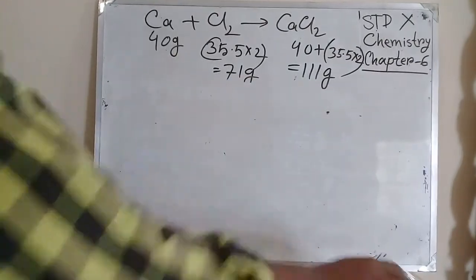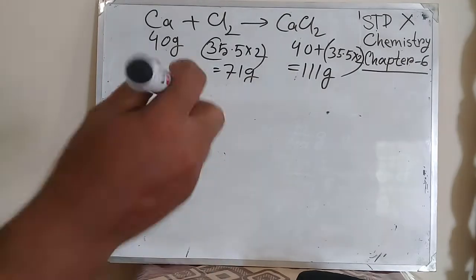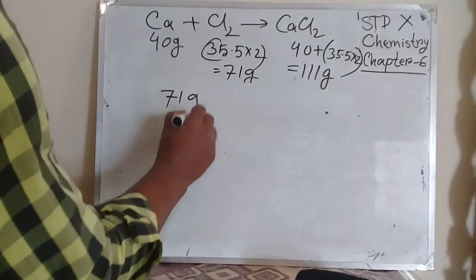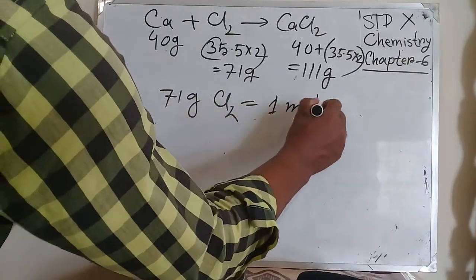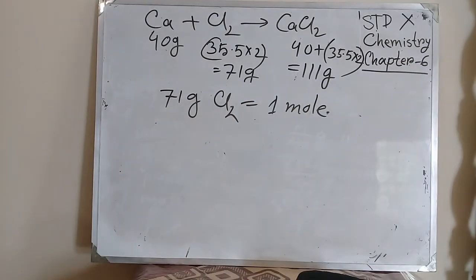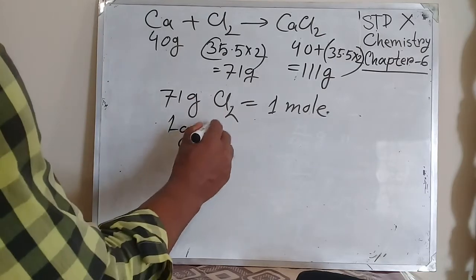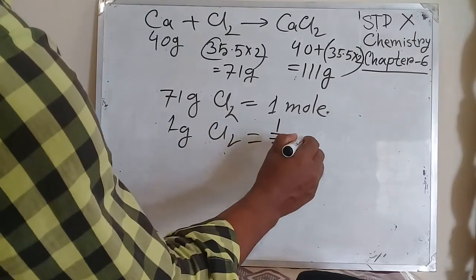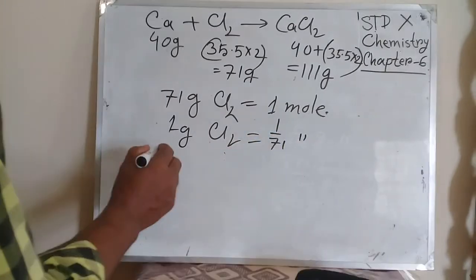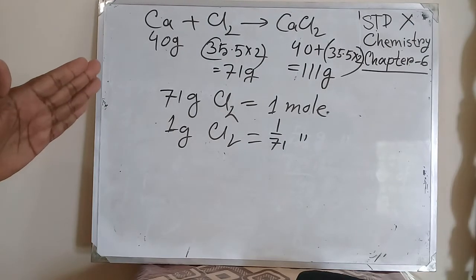We know gram molecular mass or gram atomic mass equals 1 mole. So here 71 gram chlorine equals 1 mole. So 1 gram chlorine equals 1 by 71 mole. And how much chlorine is used up in the reaction?